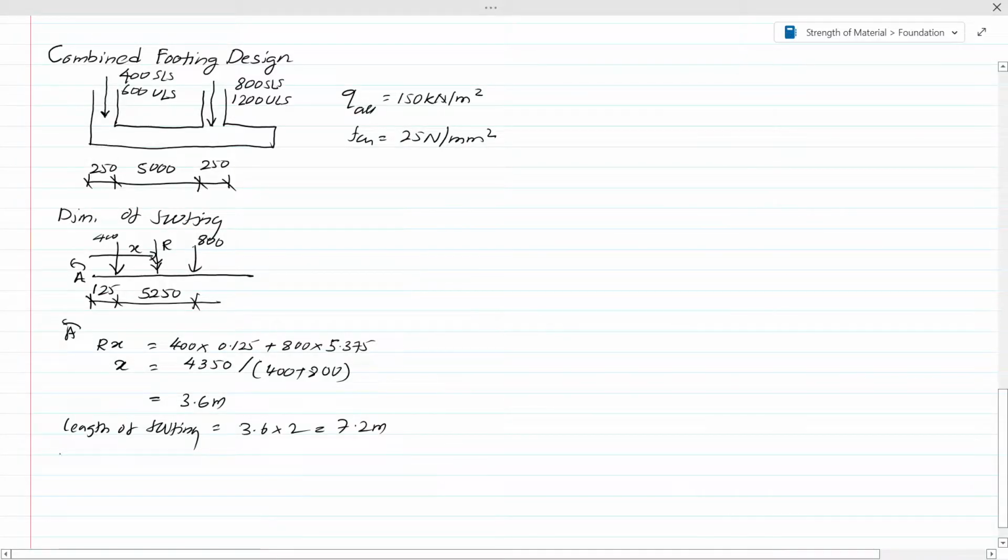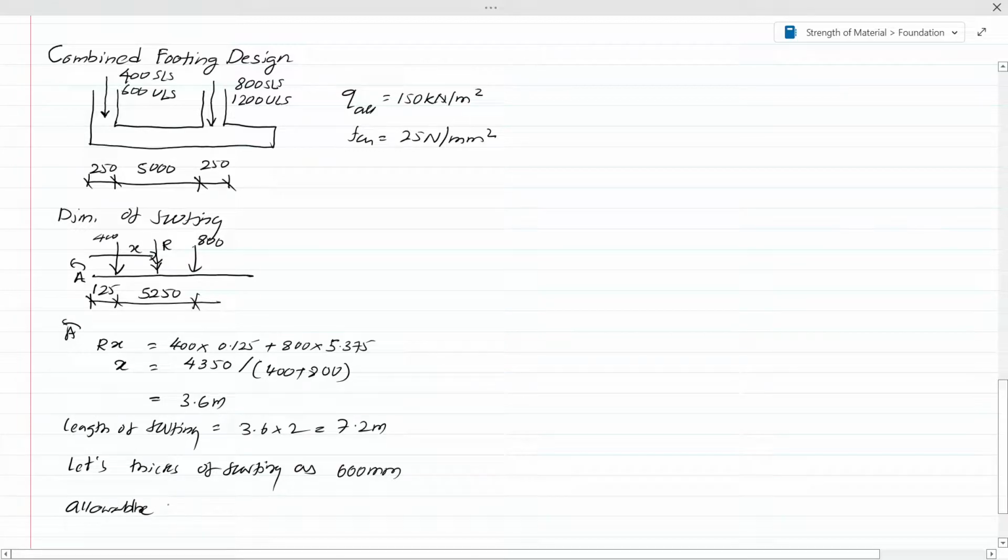Now we have to calculate the allowable bearing pressure under the footing. For that we need to consider a certain thickness of the footing. Let's say thickness of footing as 600 millimeter. Then the allowable pressure we can calculate.